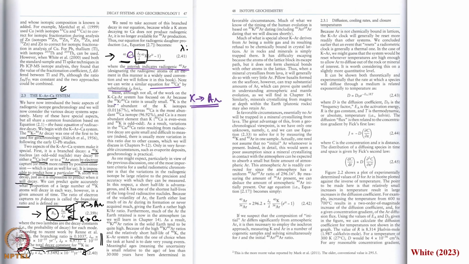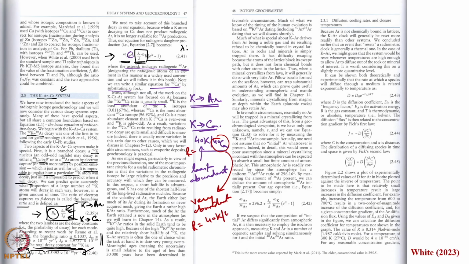The reason is that the 40K by 40Ca ratio for the K to Ca transformation is usually very small. 40K is least abundant and 40Ca is very abundant. So, as a result, the ratio 40K by 40Ca becomes very small. It is so small that it becomes difficult to detect or measure.